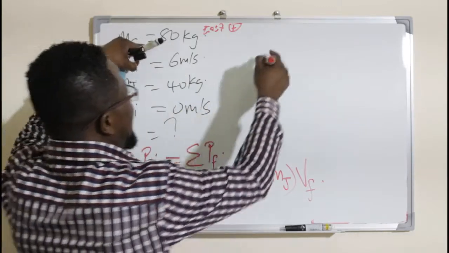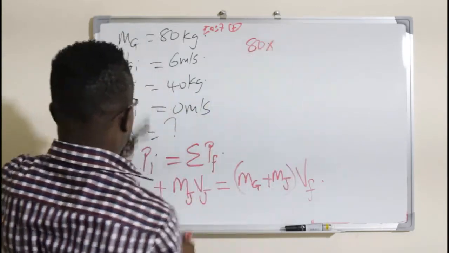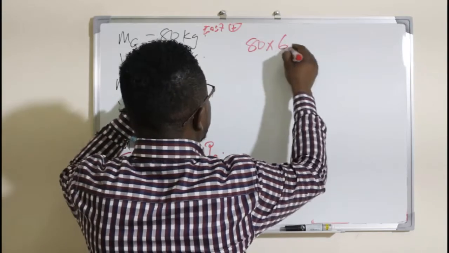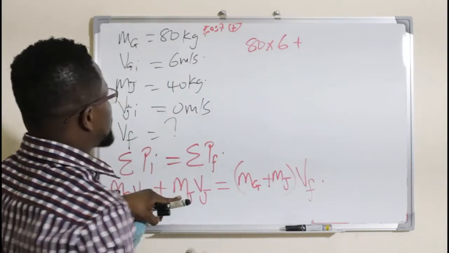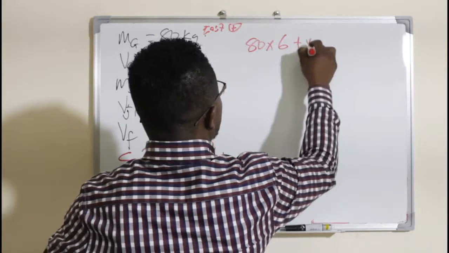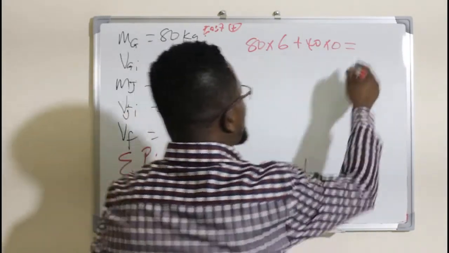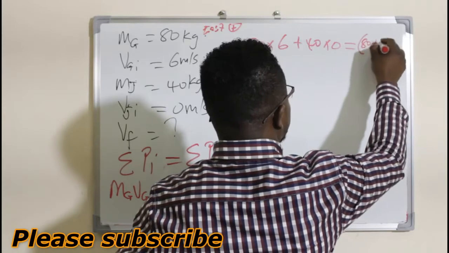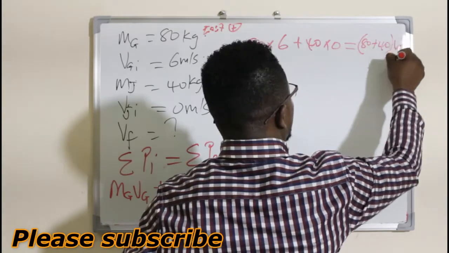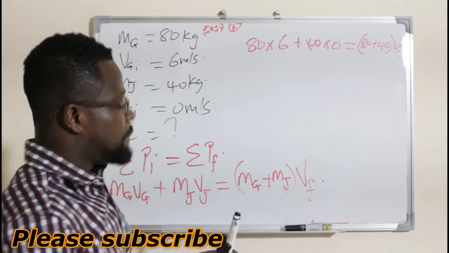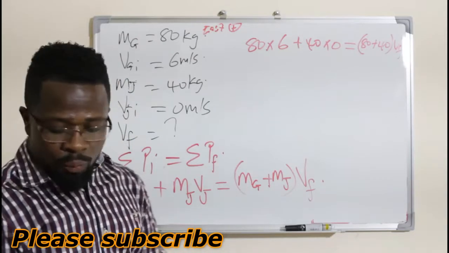The mass of Granny is 80 multiplied by the velocity, which is 6, plus John is 40 multiplied by 0, and that must be equal to 80 plus 40 multiplied by v final.